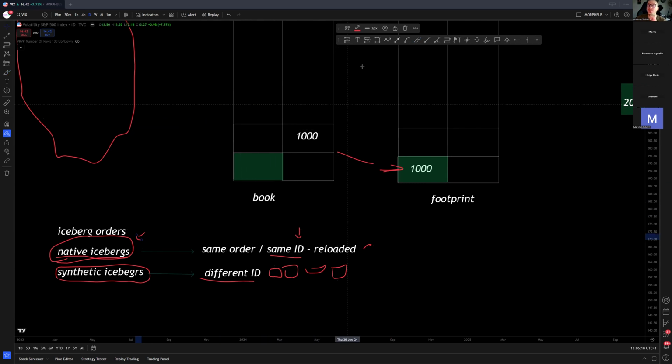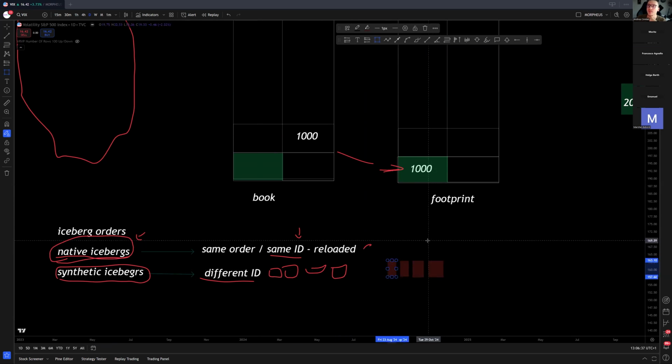So the cool part is, now you would say, hey, synthetic icebergs sound way better, you're anonymous. The thing is, with a synthetic iceberg, they're different orders, so you're constantly at the back of the queue.